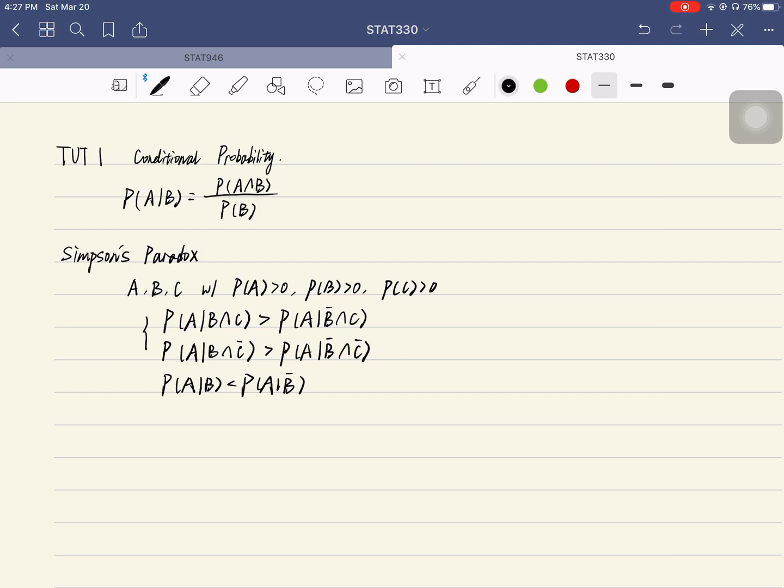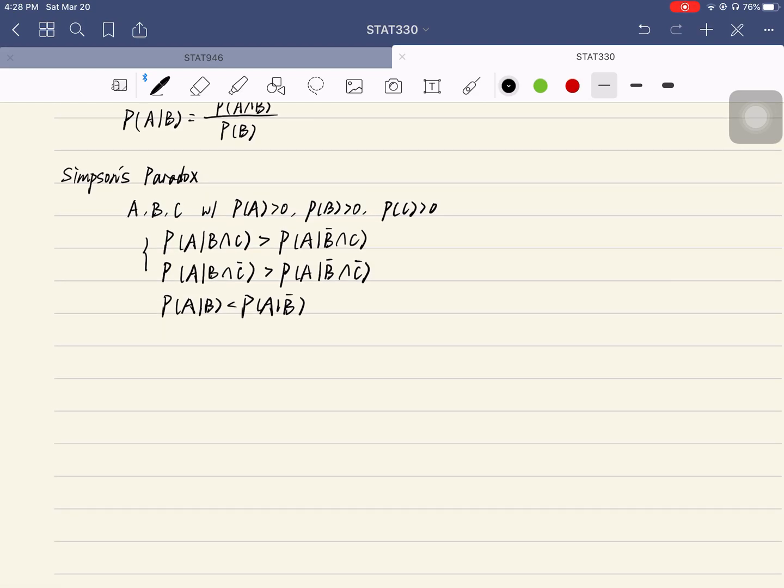To make it easier to understand, you can have more insight with this concrete example. Let's say we have country 1 and country 2. We're going to figure out whether smoking increases the risk of lung cancer, which has been proved to be true, but we are going to do a survey in both countries.